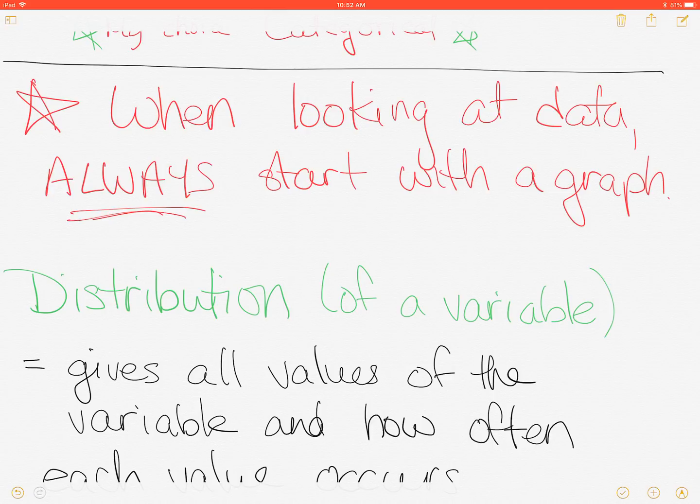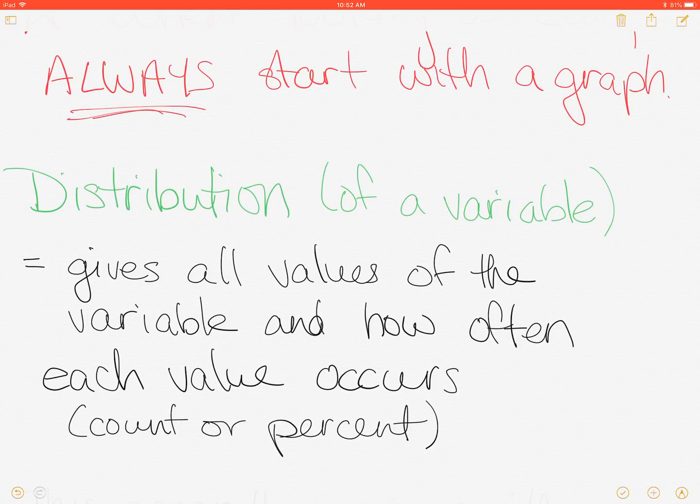Now, real quick terminology before we look at some graphs. Distribution of a variable gives all values of the variable and how often each value occurs, either as a count or as a percent. So for example, I could say I have 32 red shirts in my closet and 75 green shirts in my closet, and that would be a distribution of colors of shirts in my closet.